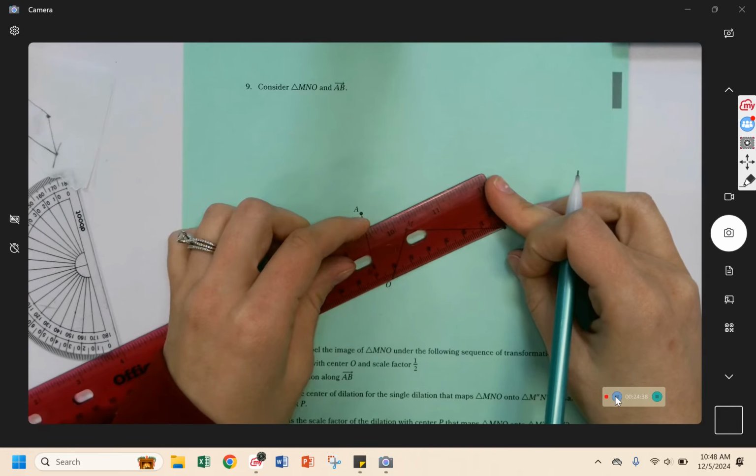Then we're going to translate along AB. So we're taking this little triangle and translating it along this vector. Begin by extending the line through the vector.